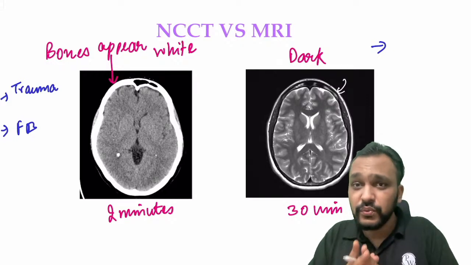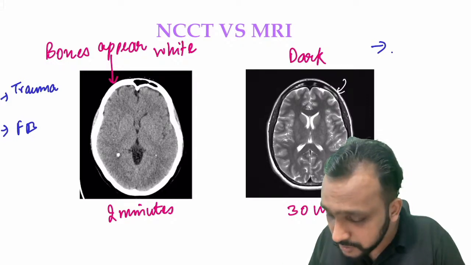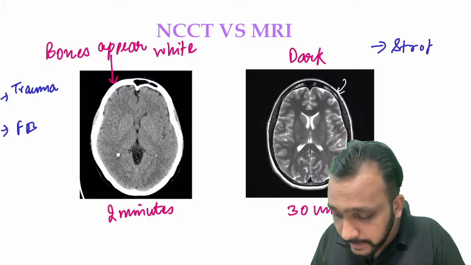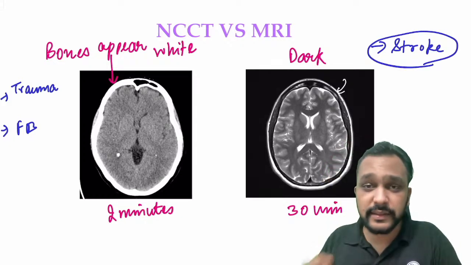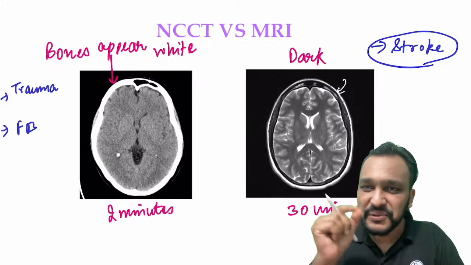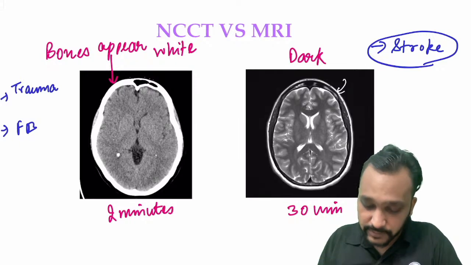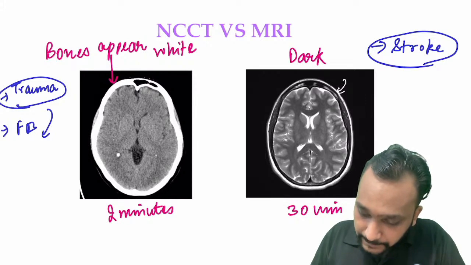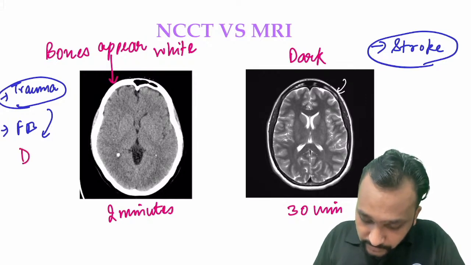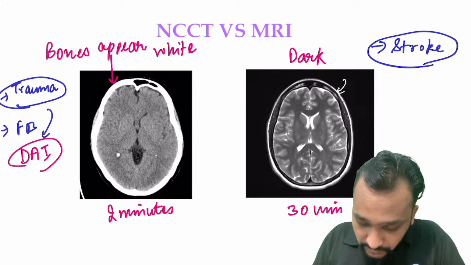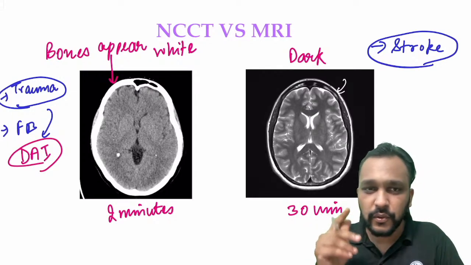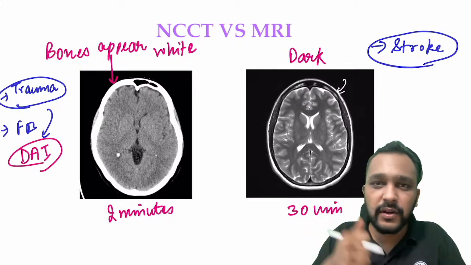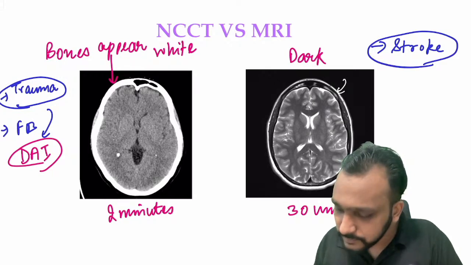But there is one case, okay, that is your stroke. For stroke, MRI will be the investigation of choice, and I will tell you in a few minutes why MRI is the investigation of choice. And within trauma also, the exception is diffuse axonal injury. In patients with diffuse axonal injury, okay, after NCCT head, we will always go for MRI.